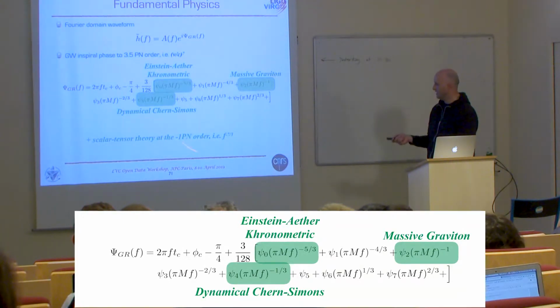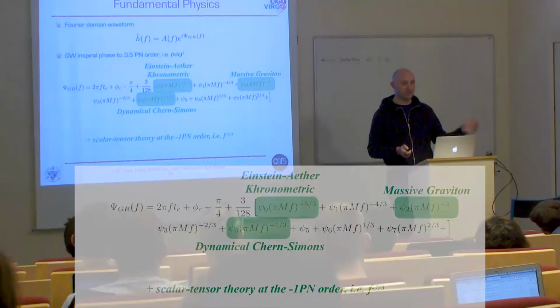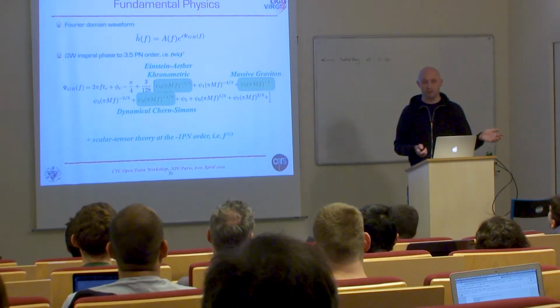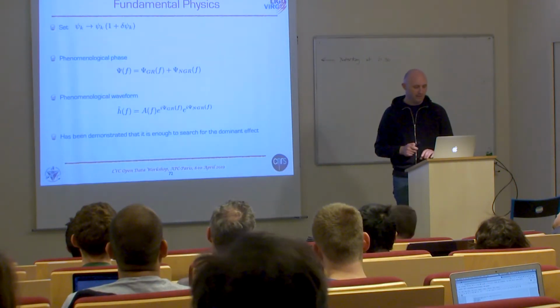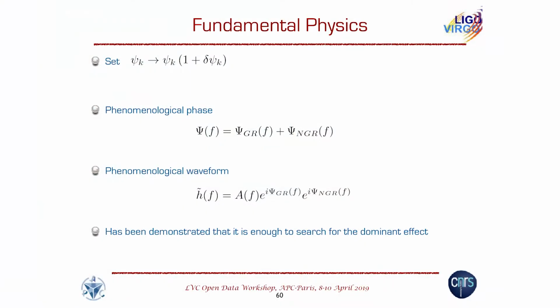And it's not in here, but if you then put in an f to the minus 7/3 or a minus 1 post-Newtonian order term, you can try and model dipole radiation. And then what you can do is basically test to see, are there non-GR extensions to my general relativity phase?